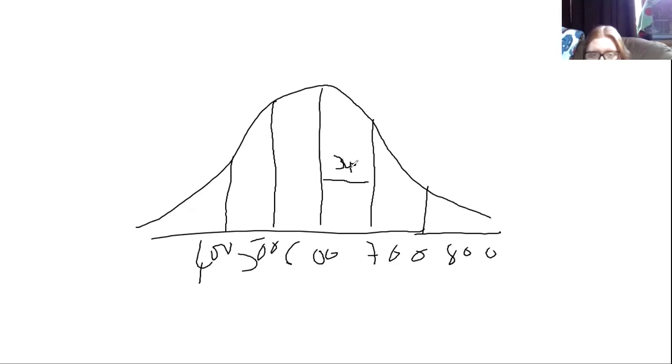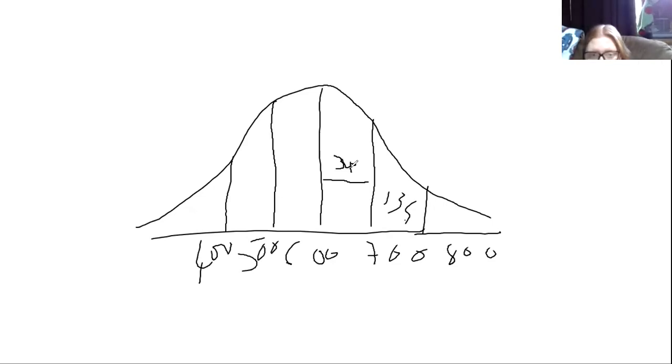Sorry for the writing. If it was between 600 and 800, we will add 13.5 to 34 to have 47.5. If the score was above 800, we will take that there is 50% to the left, 50% to the right, and within two standard deviations, we have 47.5.